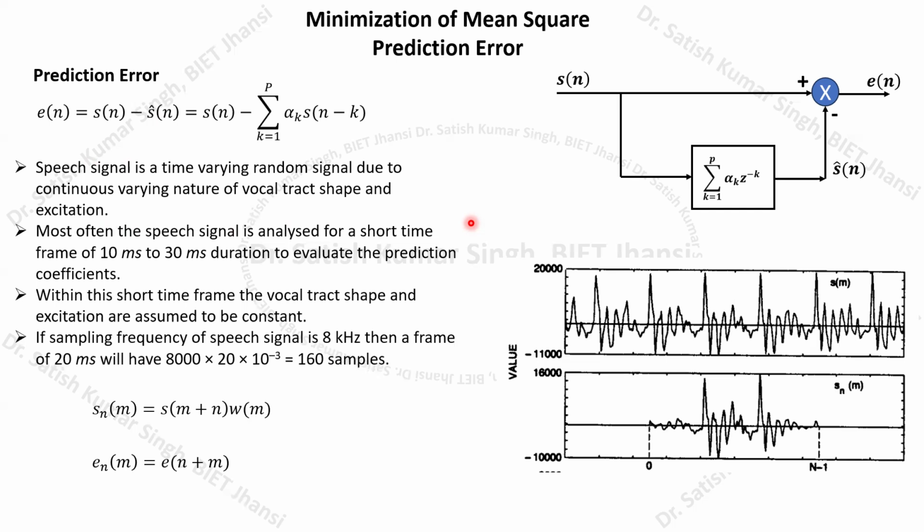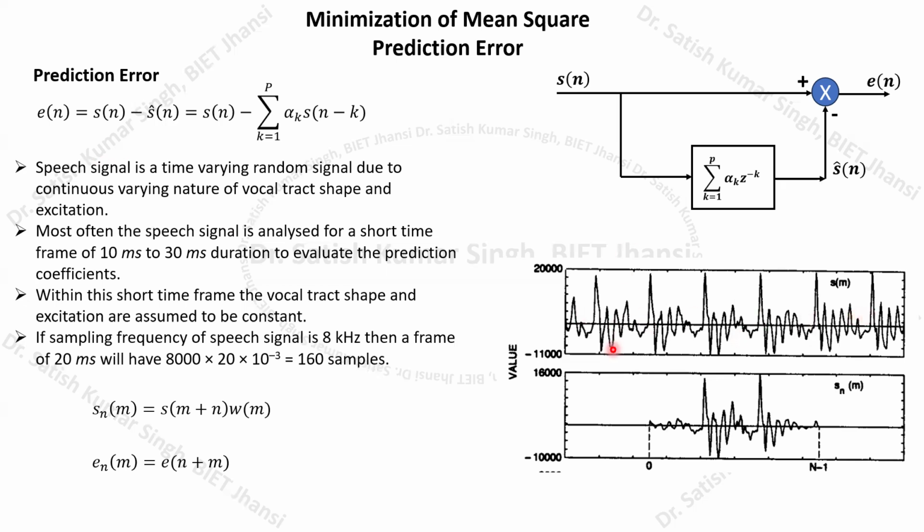Normally, when we consider a speech of, suppose, 9 or 10 seconds duration or more, it will consist of a huge number of samples. So we cannot find these values of alpha k for the entire duration of the speech sequence. Normally we first split the entire speech sequence into smaller segments.